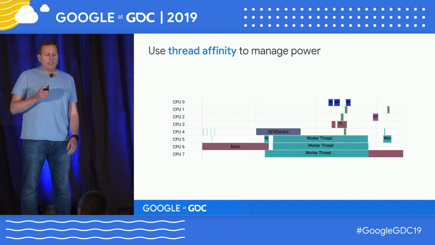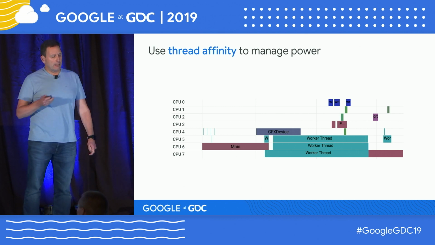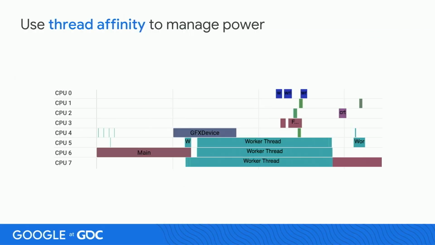Thread affinity is a great way to manage power. Linux gives you the ability to manage threads with thread affinity. And as you can see in this example, you don't necessarily want to schedule all of your threads on the big cores. The big cores are typically cores 4 through 7. The little cores are the first cores, 0 through 3.